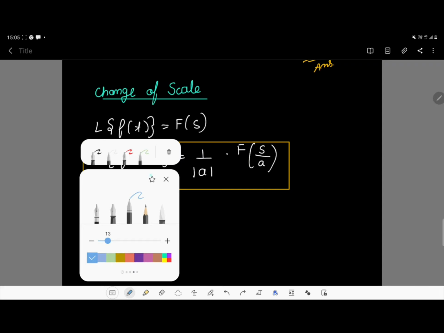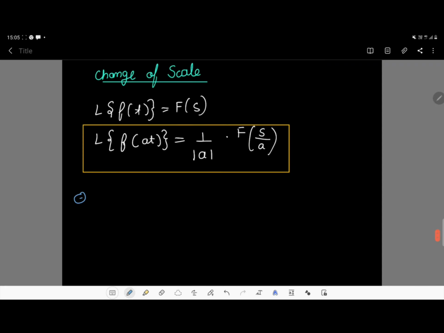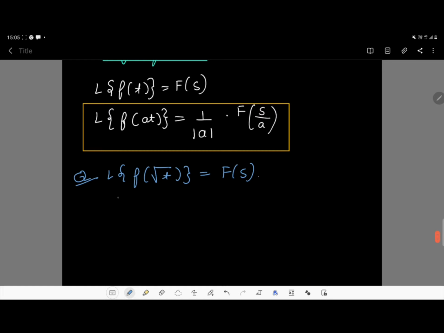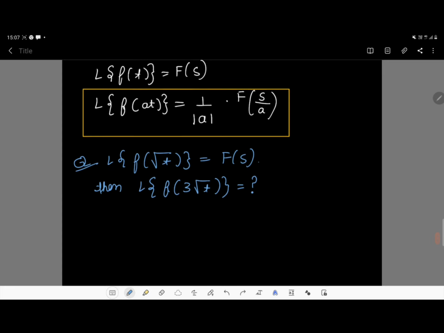Okay, so now question is Laplace transform of f of root t is equal to F of s, right? अगर इसका फंक्शन ये है, मतलब इसका लाप्लास ट्रांसफॉर्म ये है, देन लाप्लास ट्रांसफॉर्म ऑफ f of 3 root t, 3 root t. So now they have multiplied this 3 here, right? Similarly means that 3 is any constant, right? So now I'll tell you how to do this.